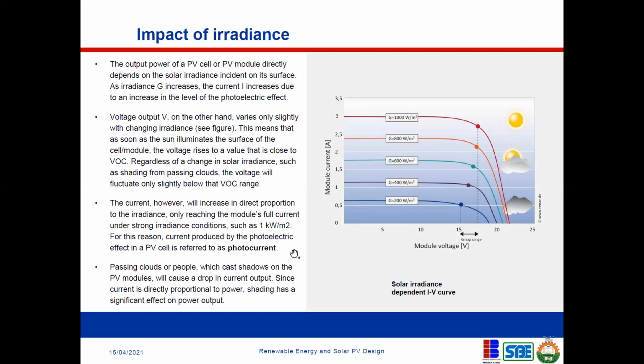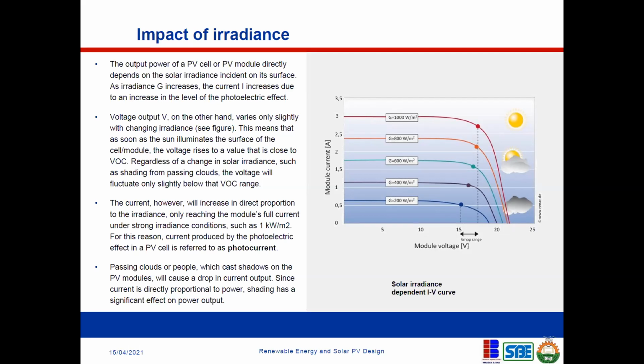Okay, thank you. So now, if you look at that vertical side, remember, we have represented the irradiance as G. Okay, so at the lower part of that graph, you see G is equal to 200, G is equal to 400, G is equal to 600, up until you have G is equal to 1000. So you can see that as the irradiance changes, there's a huge difference in the amperage, in the current, right, on the vertical side.